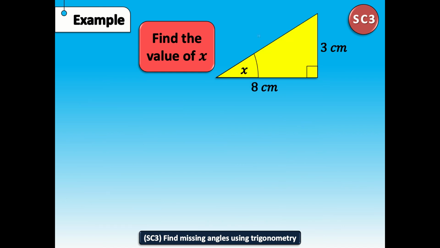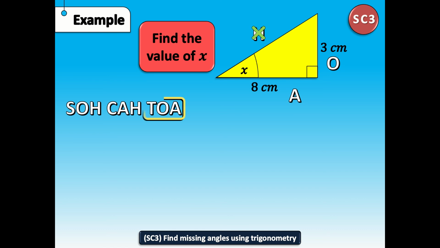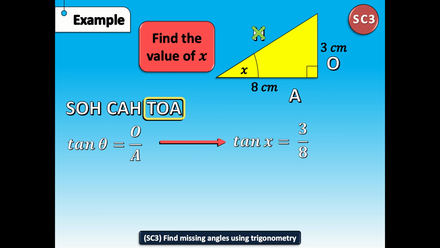Again, in this question, label up the sides. So there's H, there's O, and there's A. Now I'm given O and A, so that's what I'm going to use. So I need to use TOA. So tan theta equals opposite over adjacent, which means tan x equals 3 over 8.